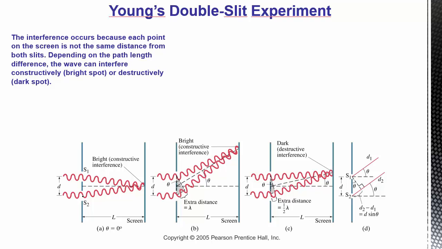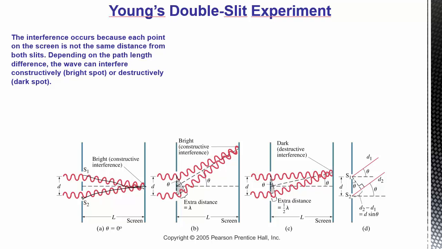As long as the path between the location of the slit and a given location on the screen is equal between the two slits, then those waves will still be in phase, and so they will have constructive interference. Crests meet crests and troughs meet troughs, and so you get a bright spot there.